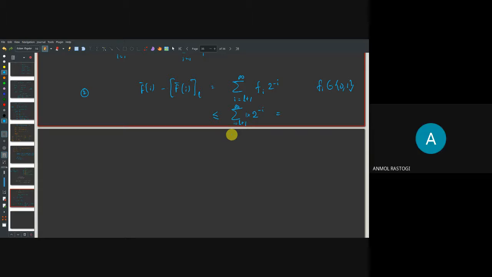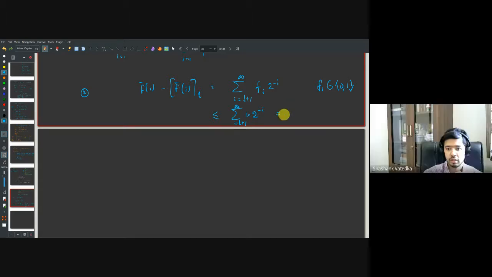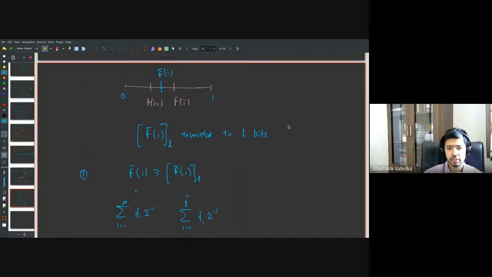2 to the power minus L. Correct? So in the worst case, this difference is 2 to the power of minus L. So now let us go back to the picture that we had. Now this is f bar of I, right?